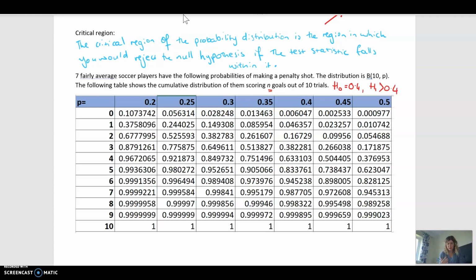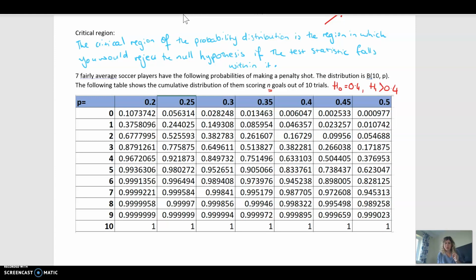If we take the 0.4 probability and look at this, where would we reject our null hypothesis? We would reject anywhere where it's greater than 0.4. So we're looking at the first point where our greater-than value dips below the 5% mark.